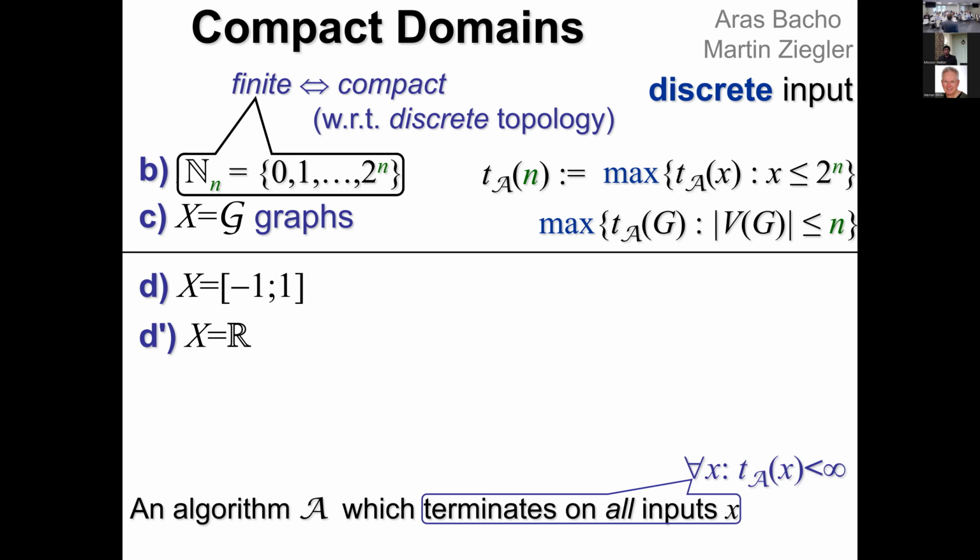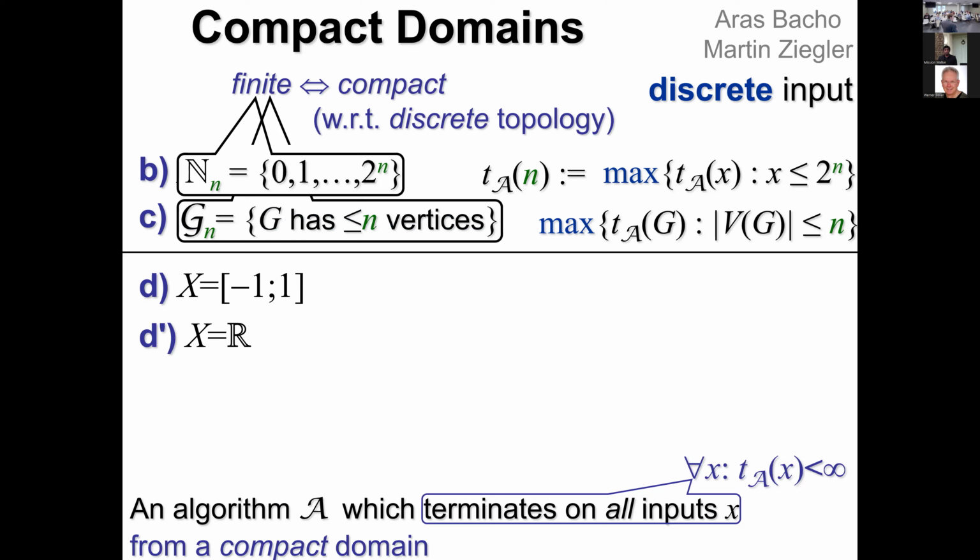I say this because this is a way to generalize to the continuous setting. It's a well-known folklore fact in computable analysis that the same holds true even in the continuous setting as long as the domain is compact.